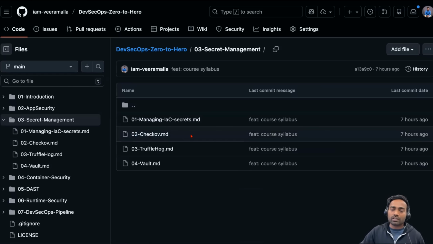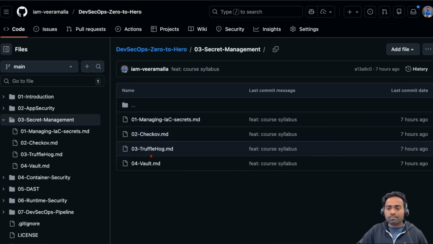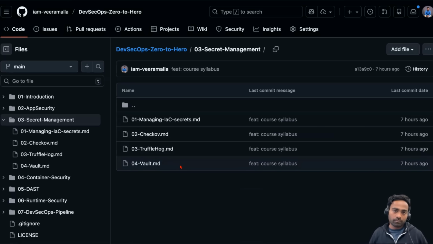Then we will learn about Checkov, which is a tool that DevSecOps engineers use in the CI/CD pipelines for securing the secrets or for secret management. We will learn about that. Then we'll also learn about another tool, Trufflehog, and we will learn about HashiCorp Vault.